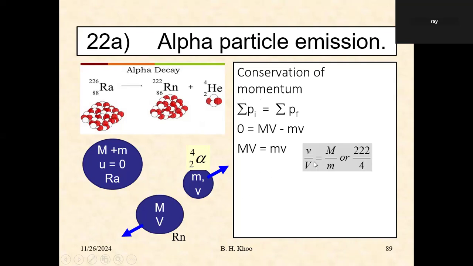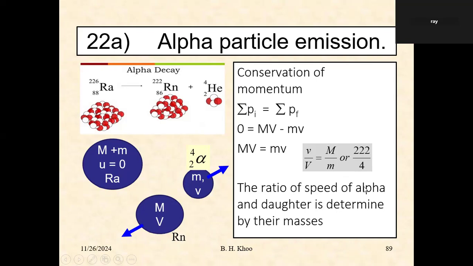So we can see that the ratio of the speed of alpha to radon is fixed by the ratio of their masses. Cannot escape. The ratio of speed of alpha and daughter is determined by their masses. So if one goes downwards, the other will go upwards.